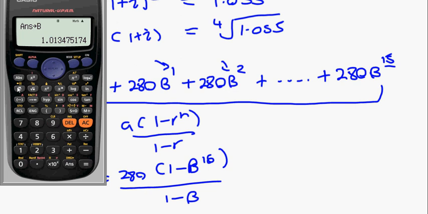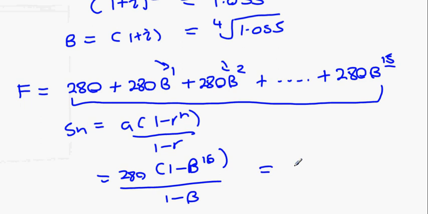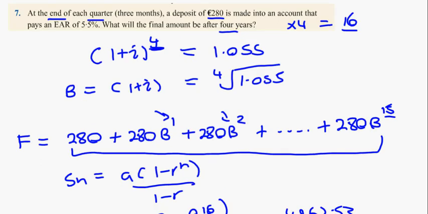Put that into the calculator, and we get 280 multiplied by 1 minus b to the power 16, all over 1 minus b. And what we get is 4,962.53. Okay.